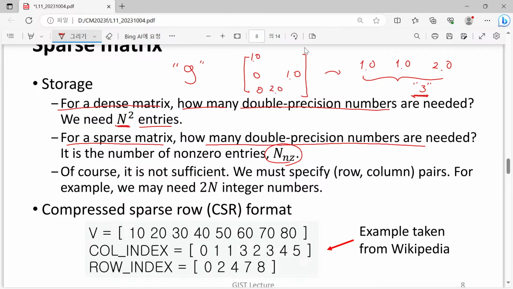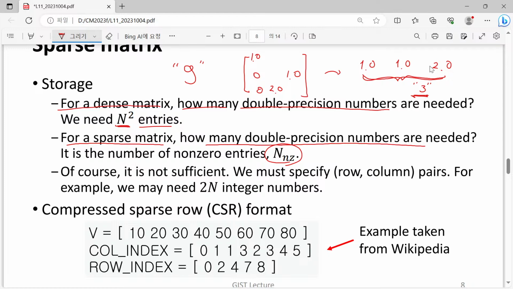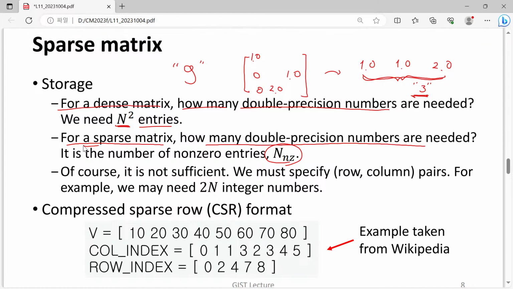Of course, this matrix also has the same non-zero elements. So now you can understand that in a sparse matrix, it is not sufficient to memorize only non-zero elements. In addition to the non-zero values, we have to specify where they are.